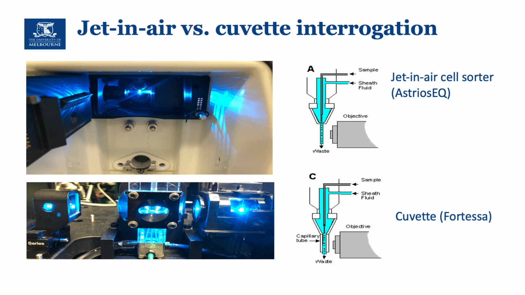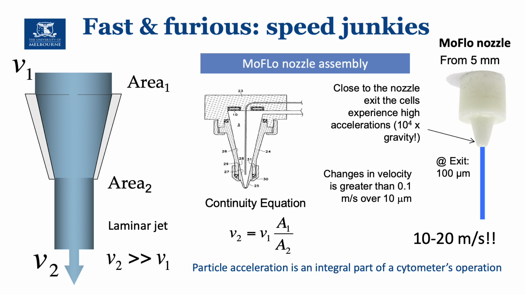In the case of the MoFlo Astrios and the MoFlo XDP, the interrogation happens in the air, on a jet that is falling from the tip of the nozzle. And although you cannot see the interrogation much, you can see the patterns of diffraction that happen when the laser meets the jet. And although it's kind of obscured in this case, collecting lenses will be in the back, collecting all the fluorescence, and the scatter will be collected to the side.